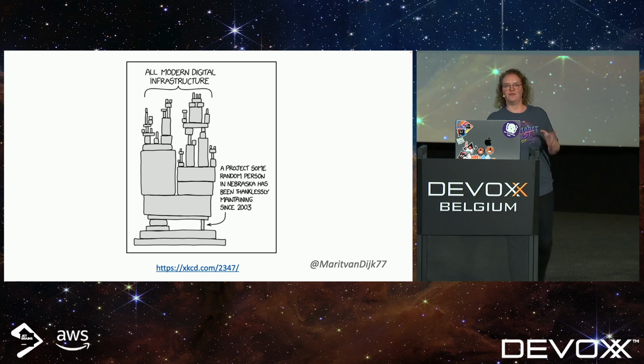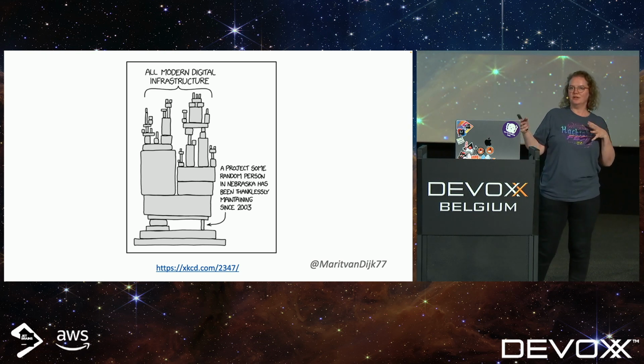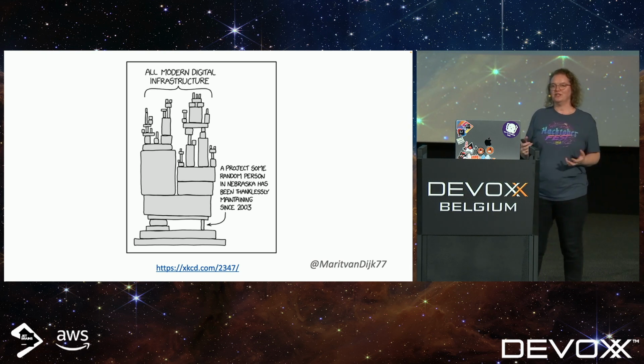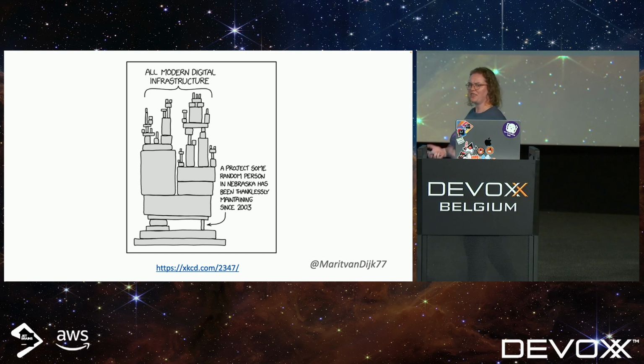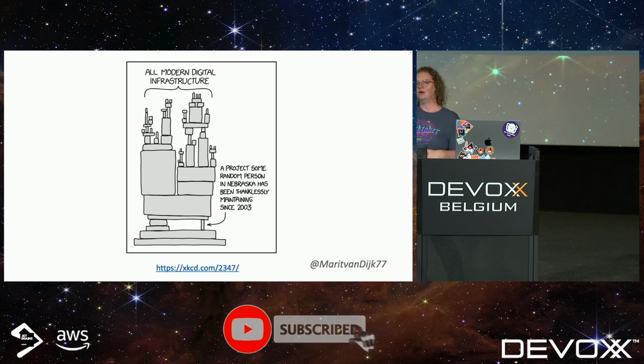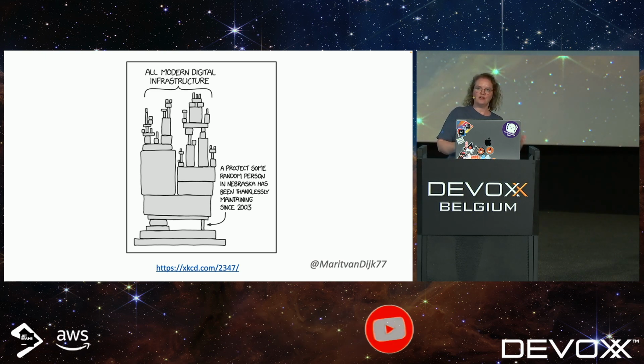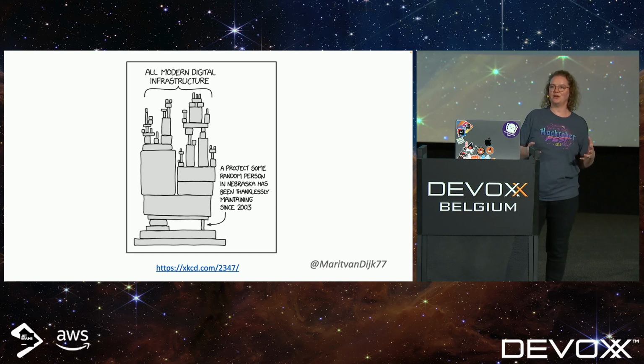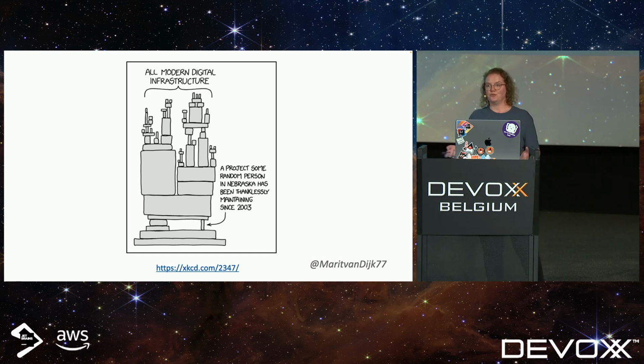So if this person gets, or how many people get hit by a bus before this dependency becomes unmaintained. I don't really like the bus factor because I don't want to think about people getting hit by a bus. So I prefer the lottery factor: how many people can win the lottery and never have to write code again before this dependency becomes unmaintained. I mean, unless they want to write code for free.